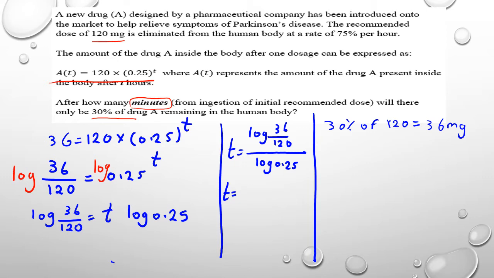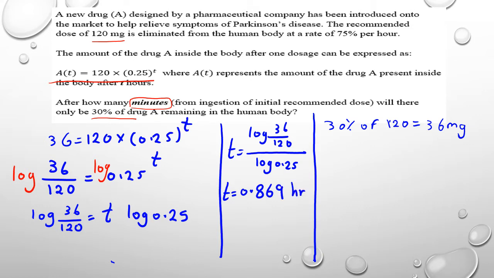If I press divide, it will take the previous answer you've just calculated and divide it by log 0.25, and you get the answer as 0.869 if you round it.